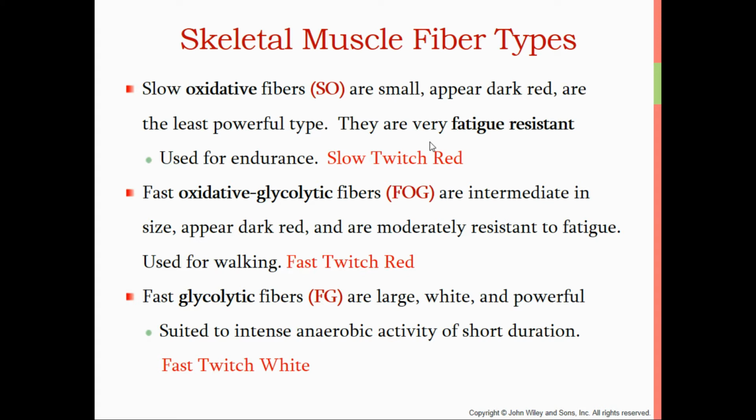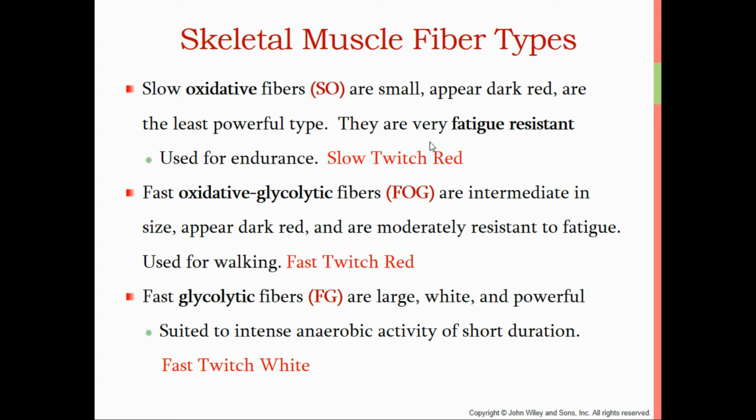So if you look at someone who is just naturally gifted as a marathon runner, they're going to have a high concentration of slow twitch red muscle fiber. The other kind is fast oxidative glycolytic fibers, or FOG.